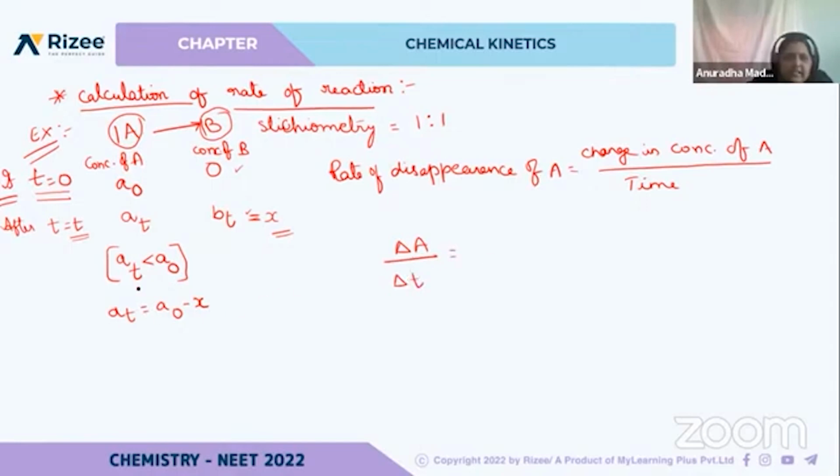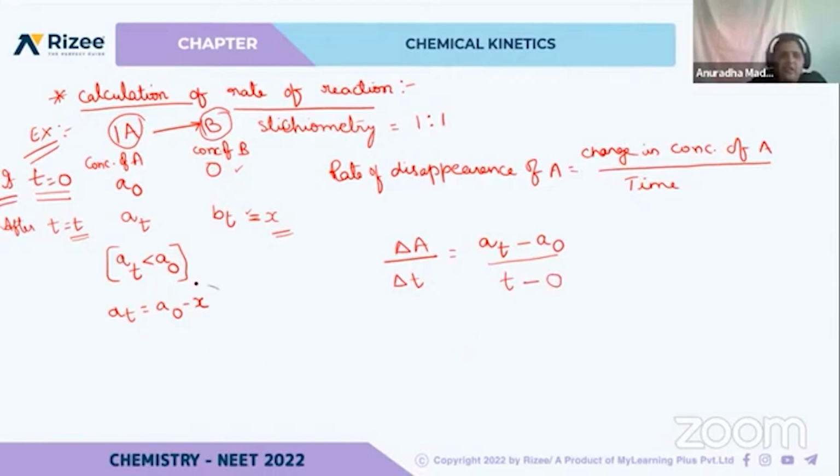What is delta A here? Change in concentration: AT minus A naught, final concentration minus initial concentration, divided by the change in time. After T seconds, and the initial time is 0, so T minus 0.